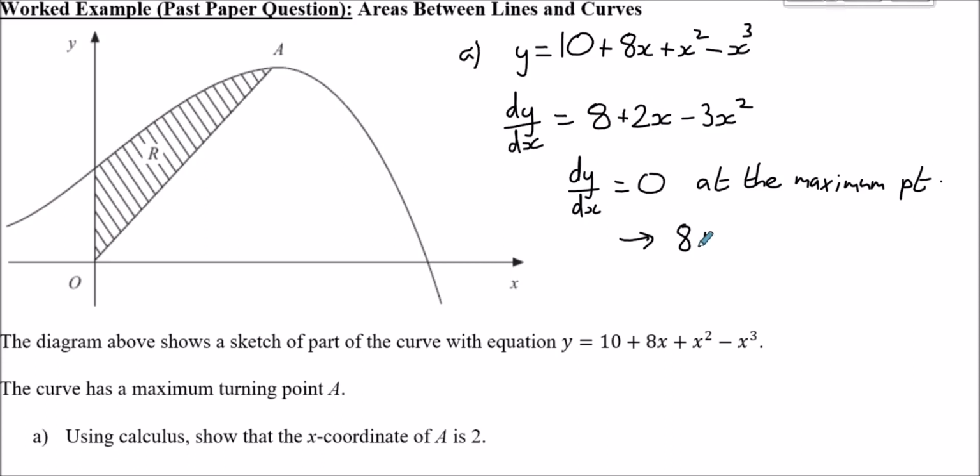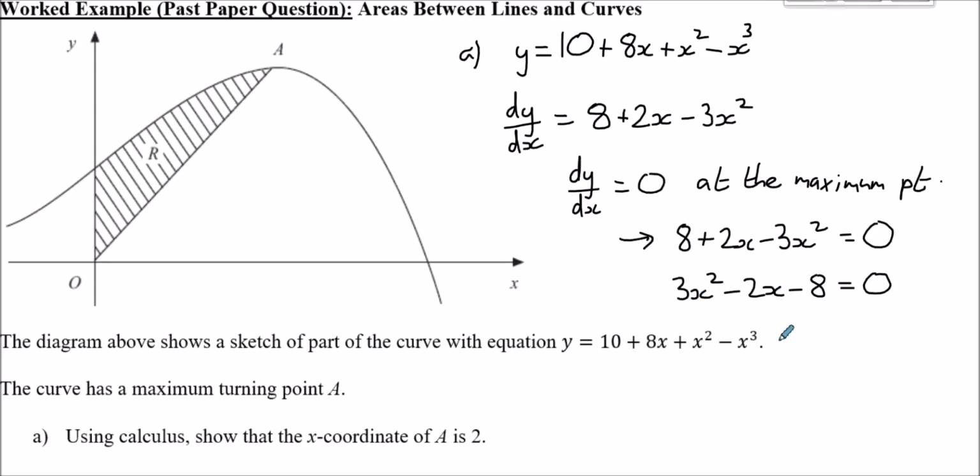So 8 plus 2x minus 3x squared equals 0. Multiply both sides by minus 1, so we get it into a nicer looking, more familiar quadratic. 3x squared minus 2x minus 8 equals 0.